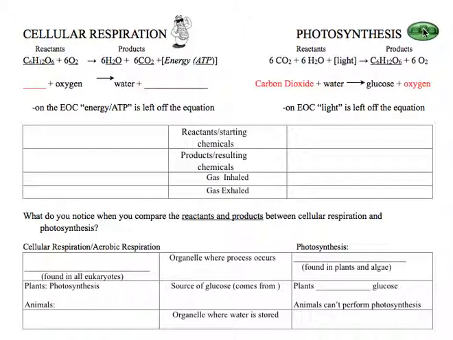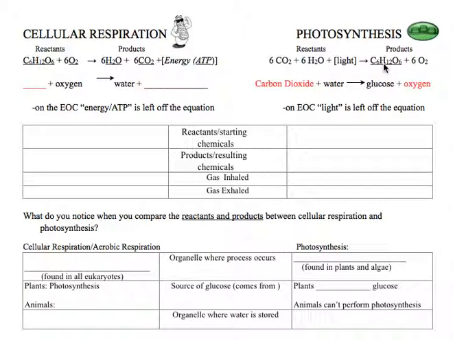If you thought animal cells, you would be wrong. Photosynthesis occurs in plants, and this is your equation for photosynthesis. The left side of the equation, which is the side that comes before the arrow here, is called the reactant side, because all three of these things react together to create the things on the right side of the equation, which is the right side of the arrow, and those are called products.